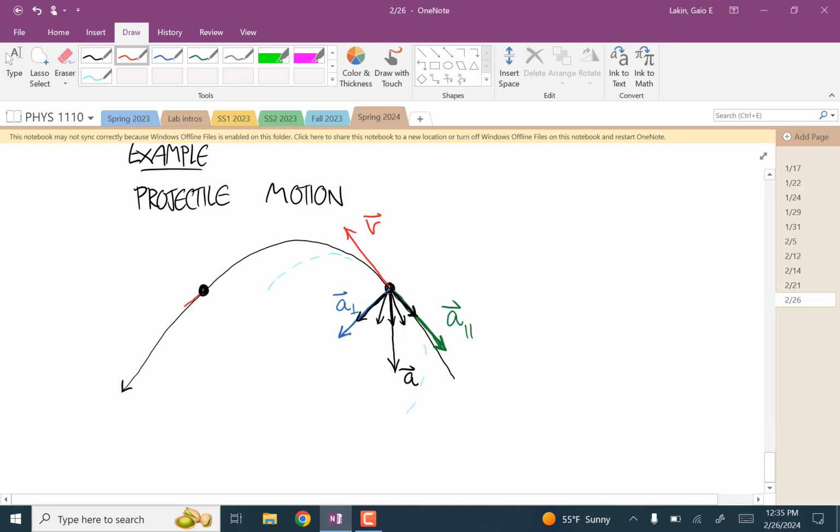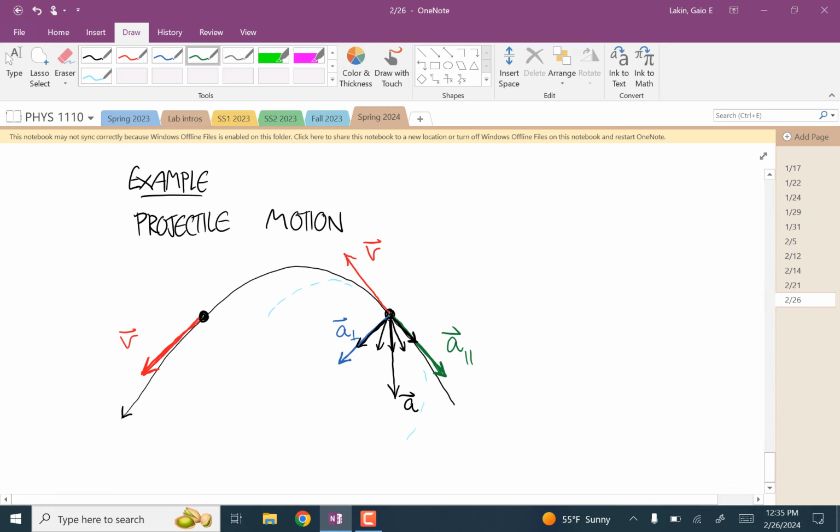So now it's on the way down. So the velocity is this way. On the way down, is it speeding up or slowing down? Speeding up. So A parallel is in the same direction as the velocity.